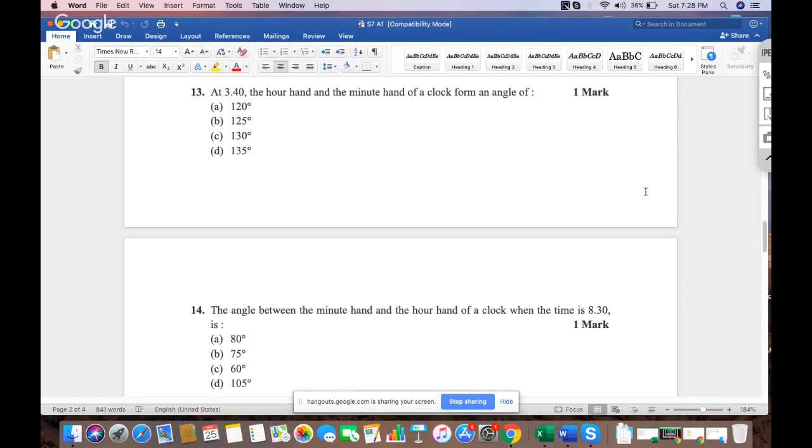Okay, 13C people are saying, 14B few people are saying. One answer is 13C also. Okay, 14B, 13C.